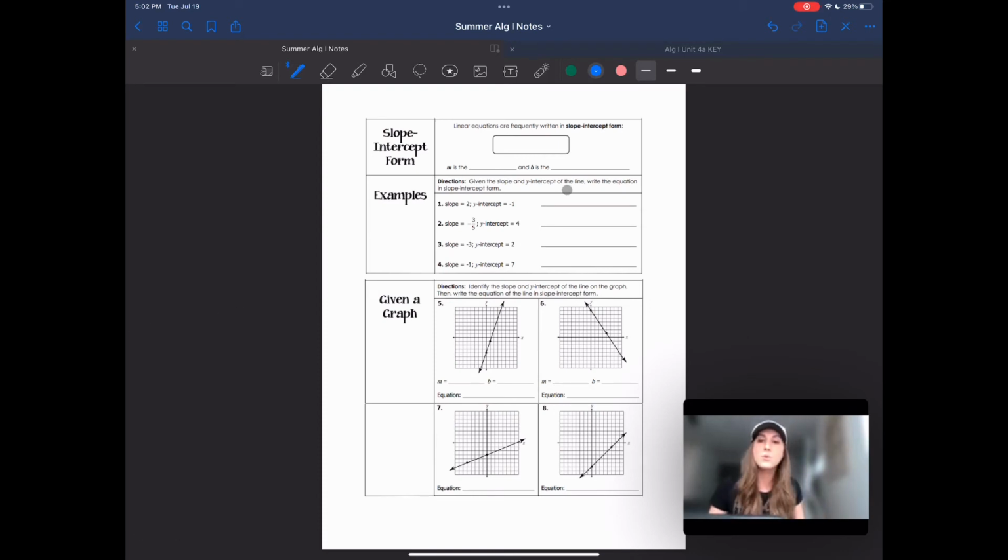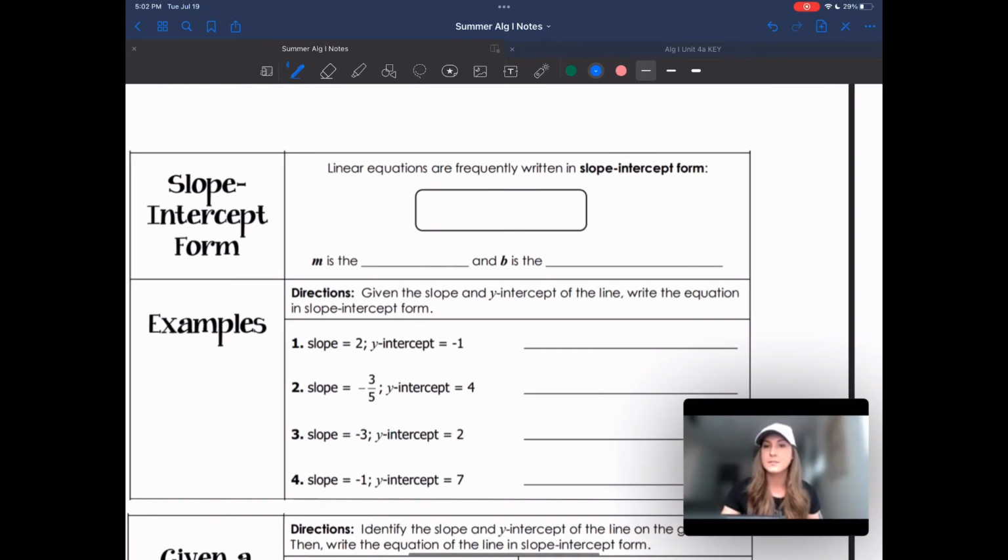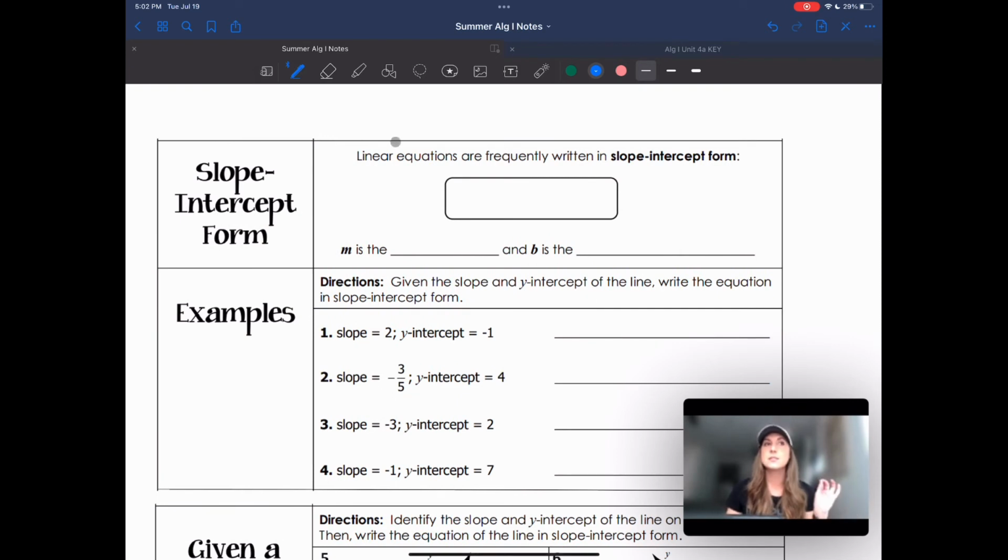Okay, so now we're going to start actually writing the full equation of the line, which does involve slope, okay? It involves 2 pieces, slope and then something called the y-intercept. So let's zoom in here. Now, there's several different ways you can write the equation of a line.